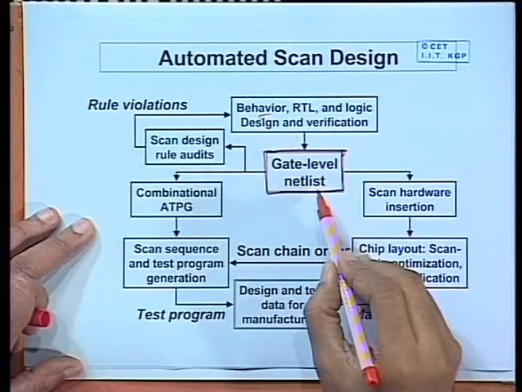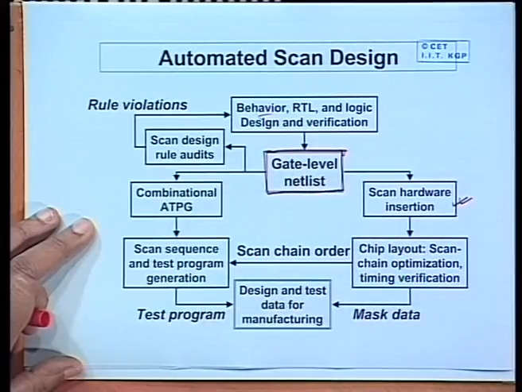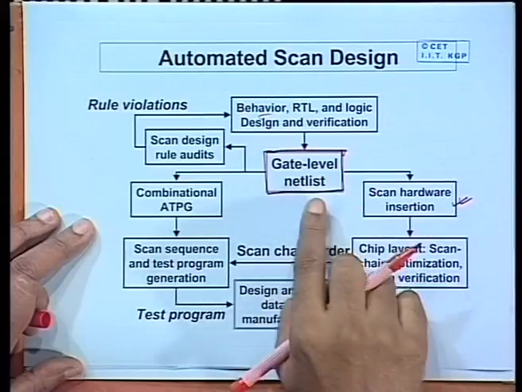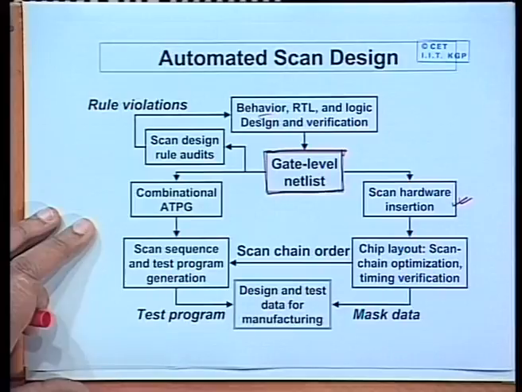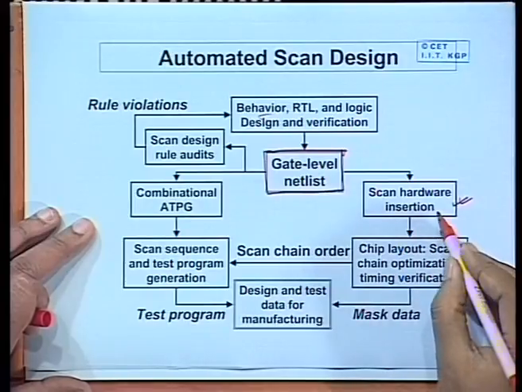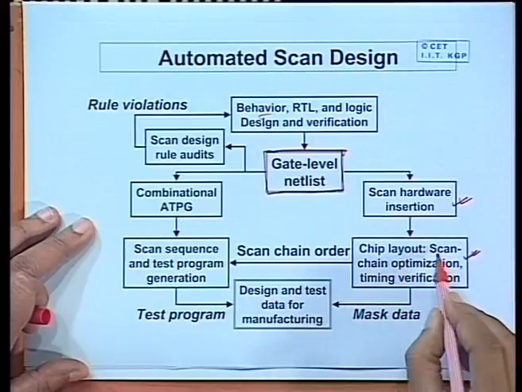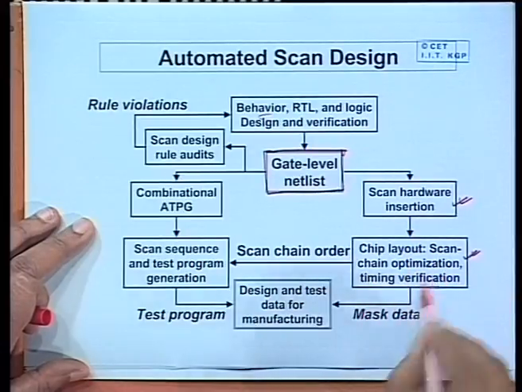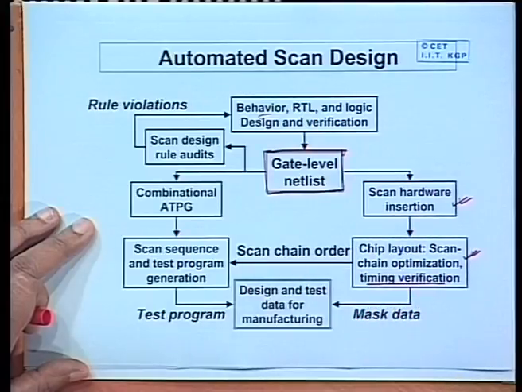So, using some tool from the gate level netlist, you can carry out scan hardware insertion. Some of the flip flops will be made scan flip flops and the scan paths will be made. After this insertion, you can go to the chip layout, you can optimize the scan chains, and you can also see whether the timing requirements are satisfied. Okay.